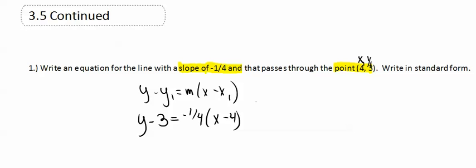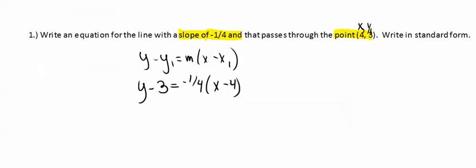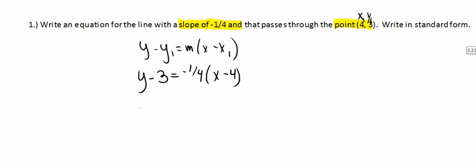The second part is to put it into standard form. And if you remember, standard form is ax plus by equals c. So we'll distribute the 1/4. We'll move the x over.